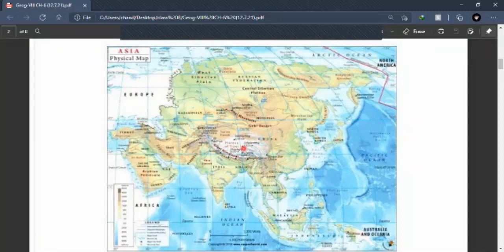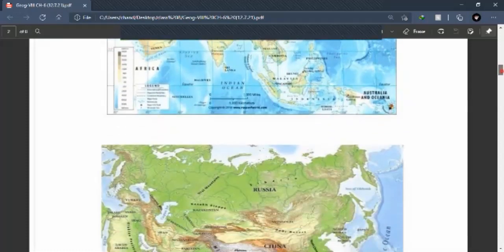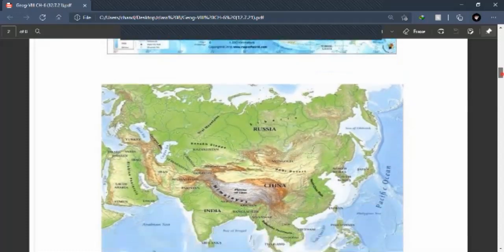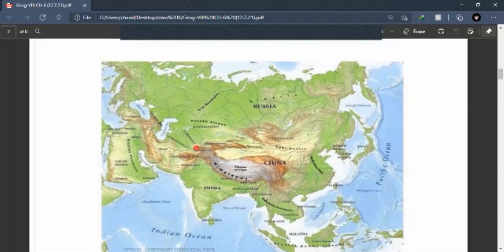The mountain ranges radiate from the Pamir Knot, situated in the south of Central Asia. Here, it is a meeting point for the Central Asian mountain ranges. To the west of the Pamir Knot, there are two ranges, Suleiman and Hindu Kush.